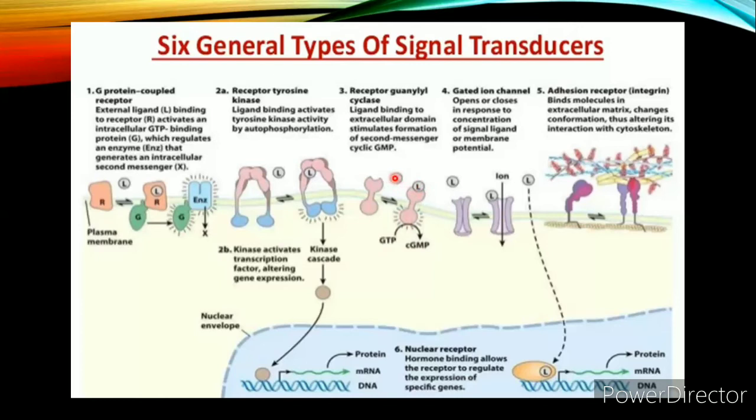This ligand binding to the extracellular domain stimulates the formation of the second messenger cyclic guanosine monophosphate, and the same procedure carries on as in the receptor tyrosine kinase, that is, this cyclic GMP activates the cytosolic protein kinase, which then phosphorylates cellular proteins and thereby changes their activation.